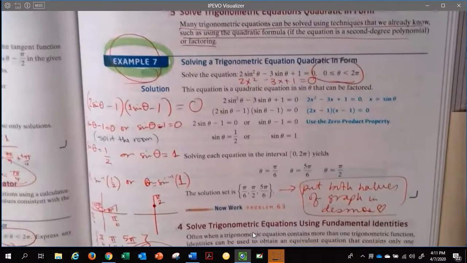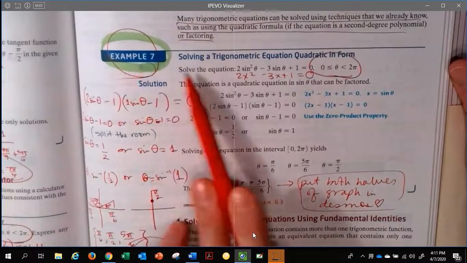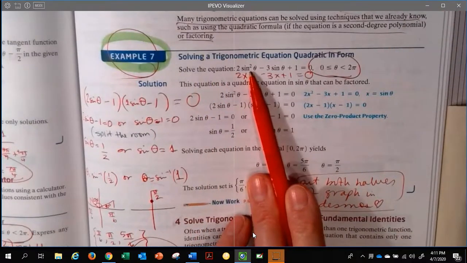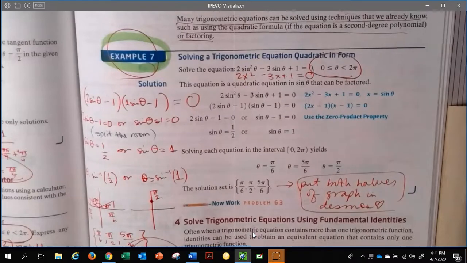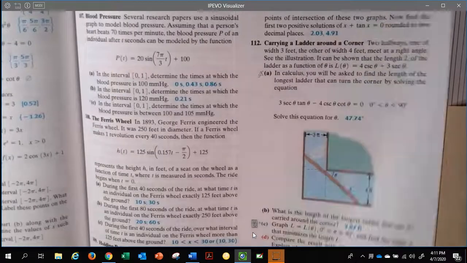I'm moving on to page 473. And in example 7, again, it is a solve, but this time it has a square in it. And I'm finished with 7.3.